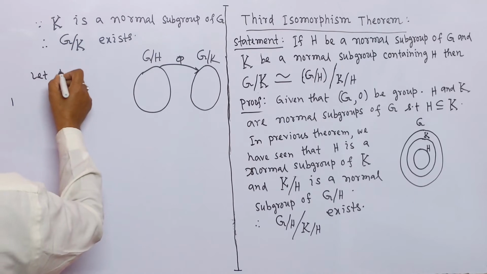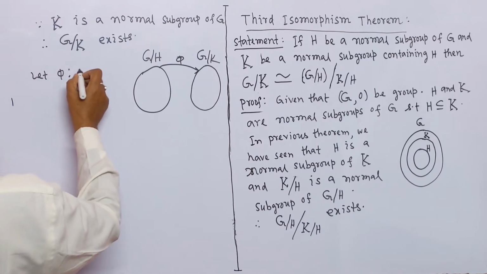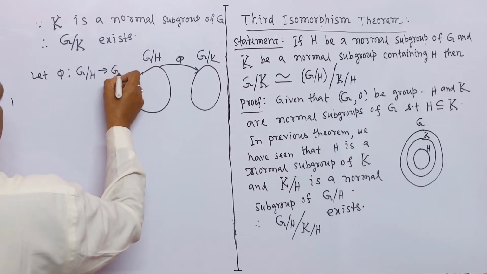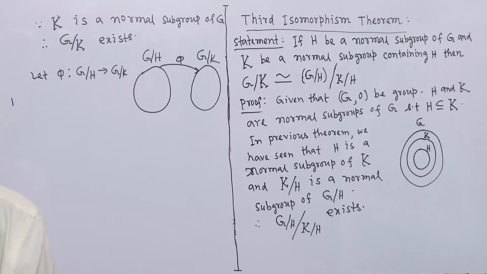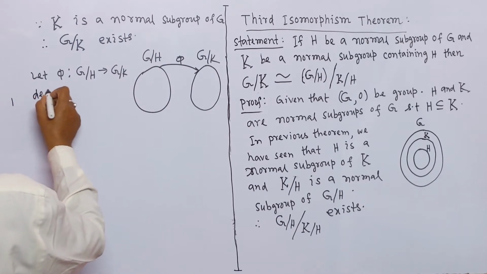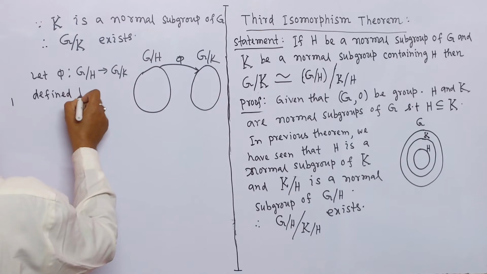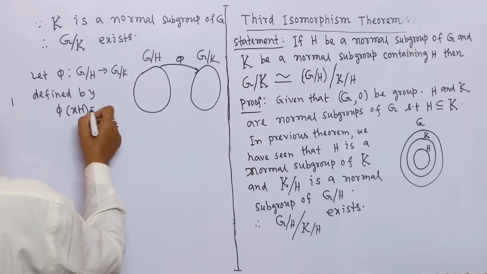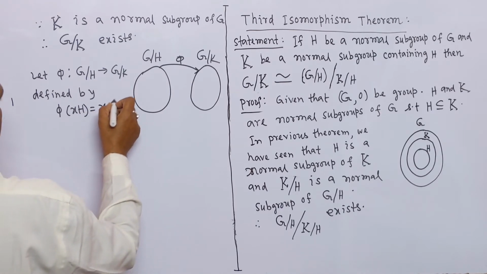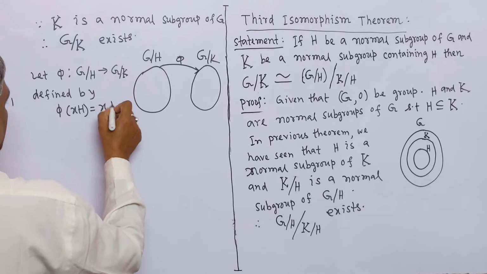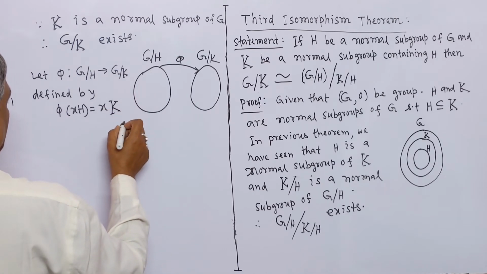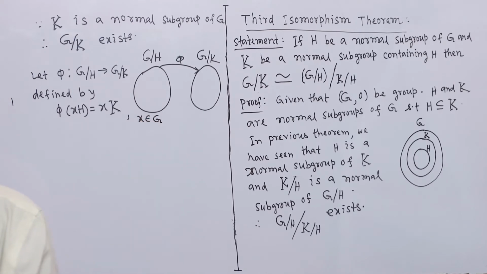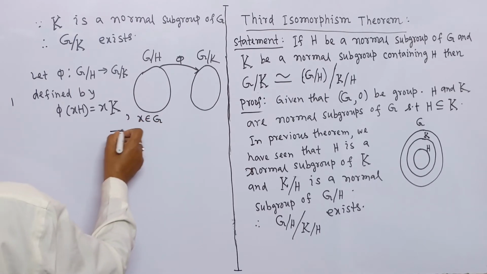Let phi is a mapping defined on G by H to G by K, defined by phi xH equal to xK, x belongs to group G. This is number one.